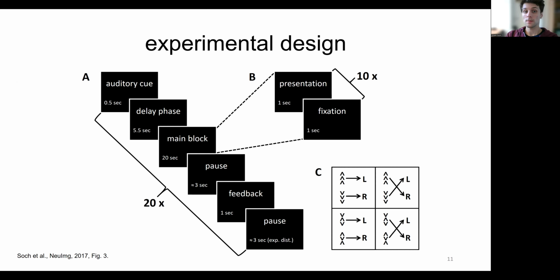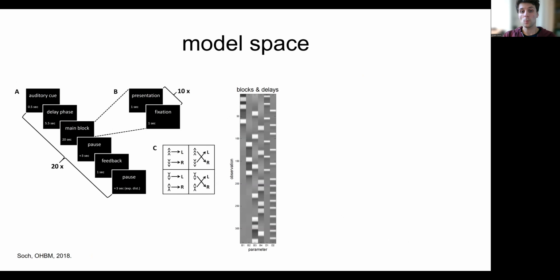So for this fMRI paradigm, we can use a model which includes 4 regressors for the blocks from the 4 experimental conditions, 2 regressors for the delay phases belonging to either stay blocks using the same rule as before, or switch blocks using a different rule than before.